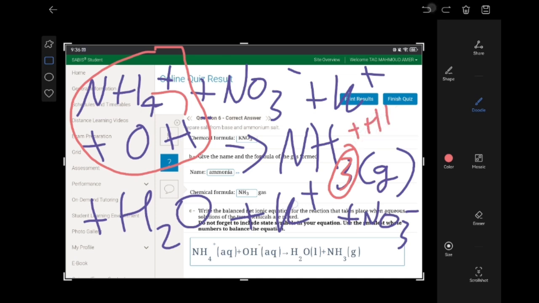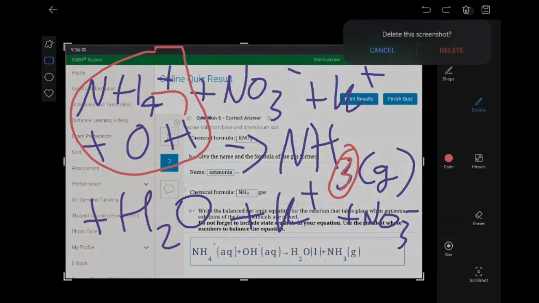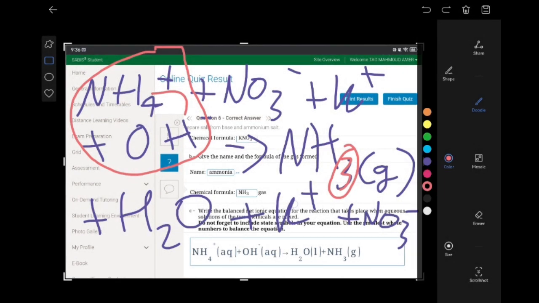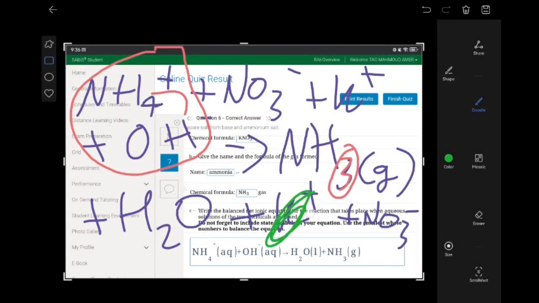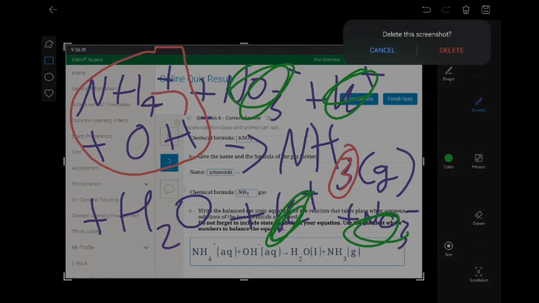So when you get rid of the H plus, it just becomes NH3 again, and the H goes here, because H plus balances out the charge and gives you H2O. Then you just cancel. NH4 plus OH minus gives you H2O plus NH3 gas.